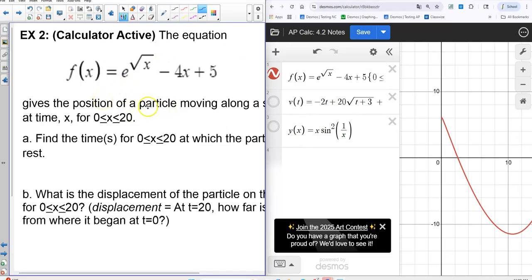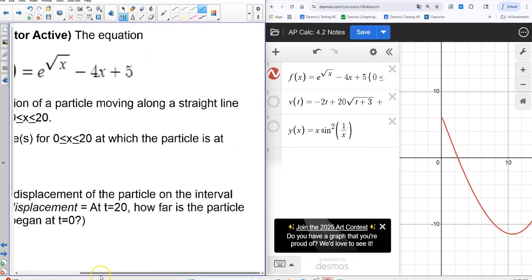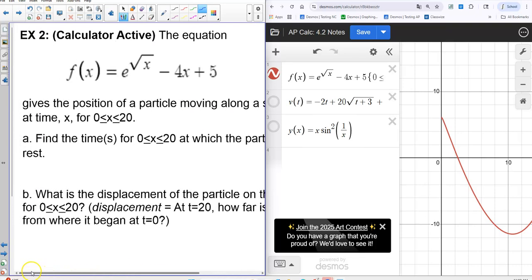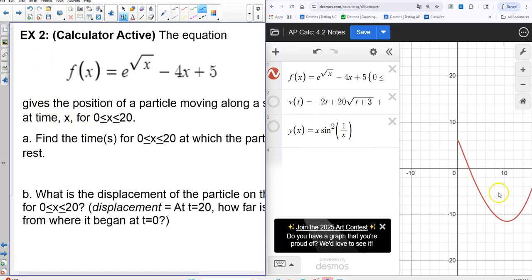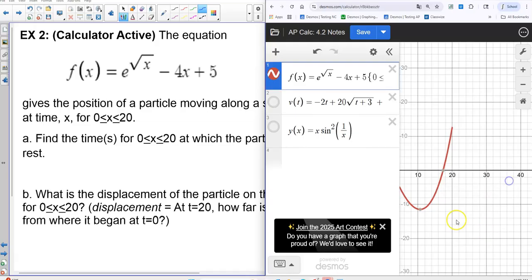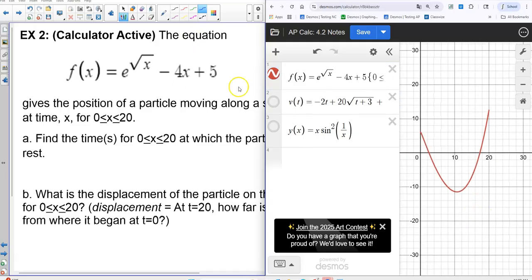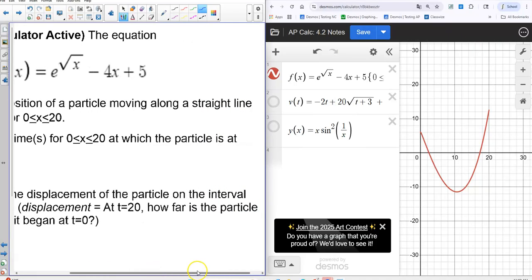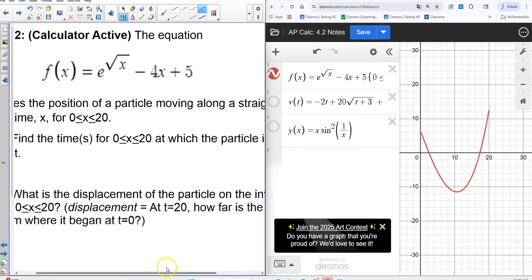We have the position of a particle moving along a straight line at time x for 0 to 20. So here's what that looks like. This is our position. Find the times for 0 to 20 at which the particle is at rest.